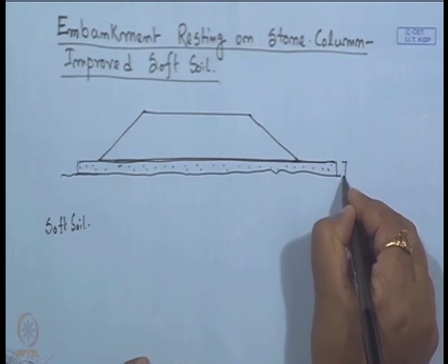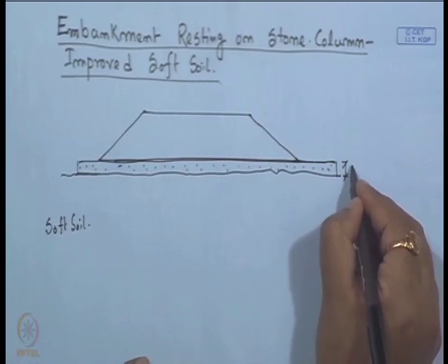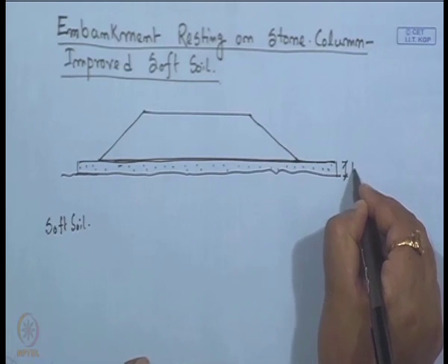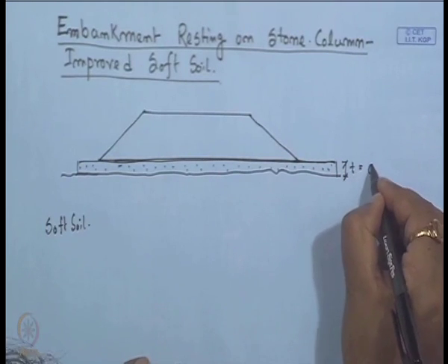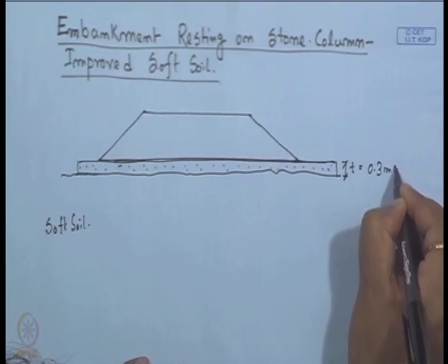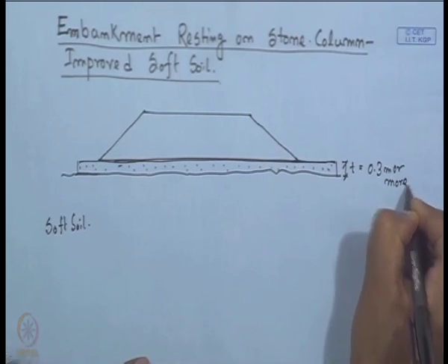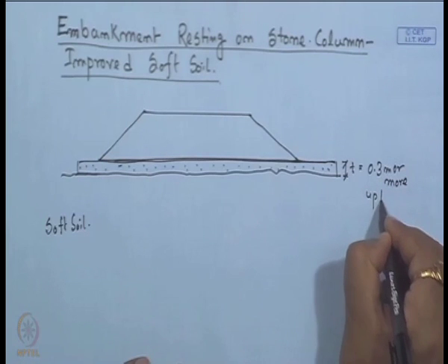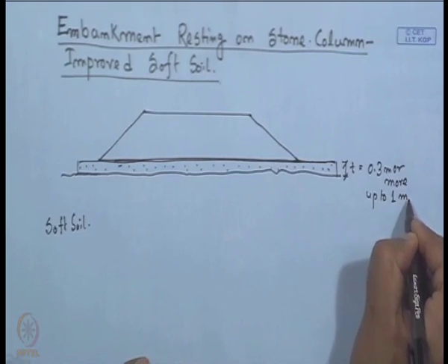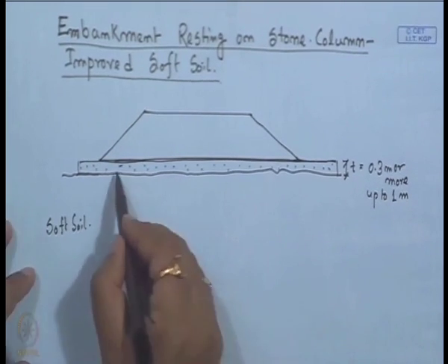The thickness of this layer can be 0.3 meter or more, generally up to 1 meter.